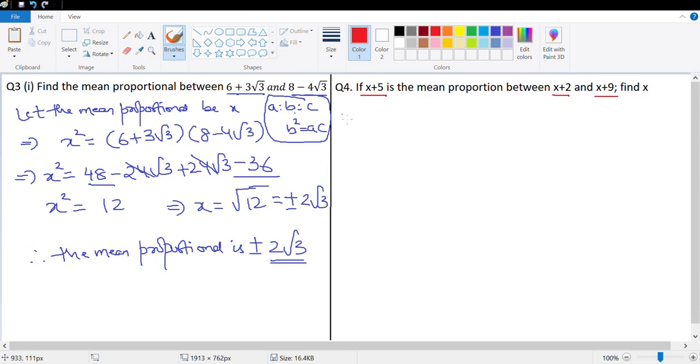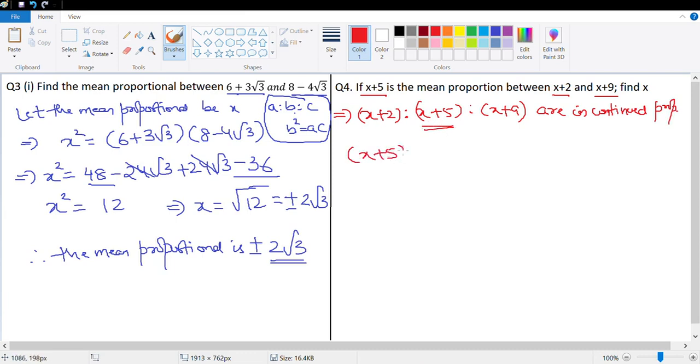So what's given is x plus 2 is to x plus 5 is to x plus 9 are in continued proportion. That's what's given. So the second term square, which is b square, is equal to ac, which means first term multiplied with third term.